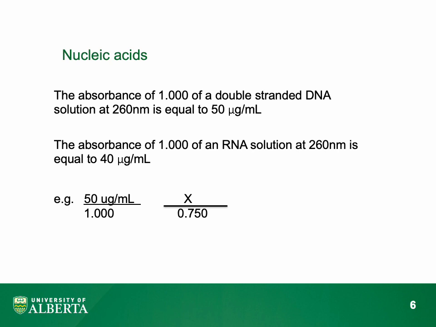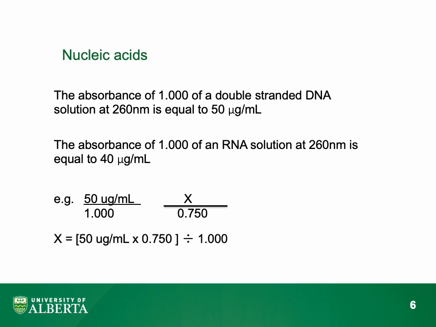To determine the concentration of an unknown pure solution of DNA with an absorbance at 260 nanometers of 0.750, it is compared to the known concentration for a pure solution of DNA with an absorbance of 1.000. The equation can be rearranged to solve for x, the concentration of the unknown.